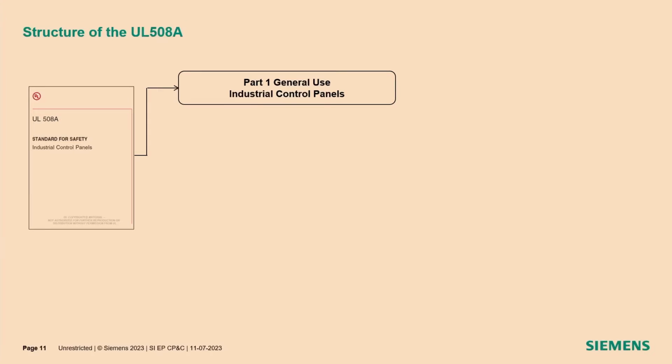before I start with the news and the clarification, let me have a little look at the structure of the UL508A. The structure of UL508A starts with part number 1. Part number 1 is the general use part for industrial control panels, and there you find everything. You find power circuits, control circuits, wire dimensioning, everything which is important for each and every control panel.